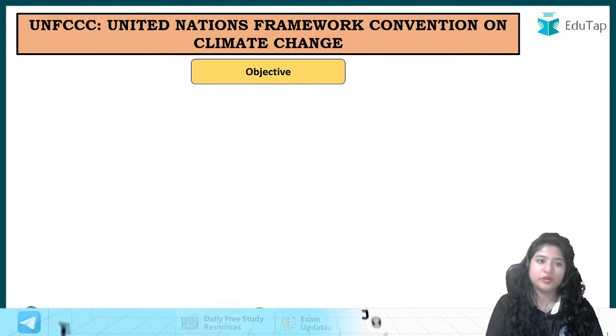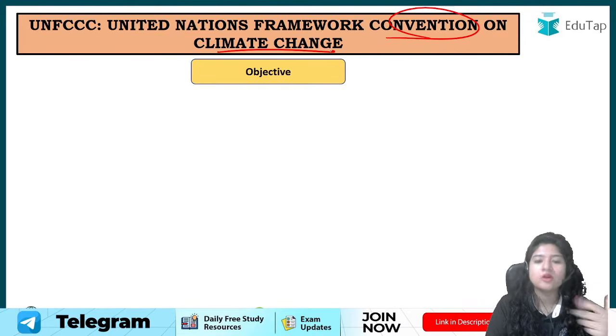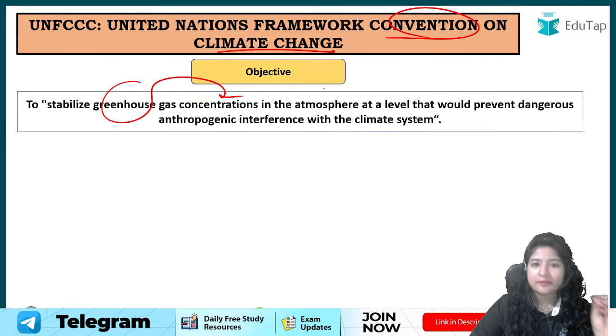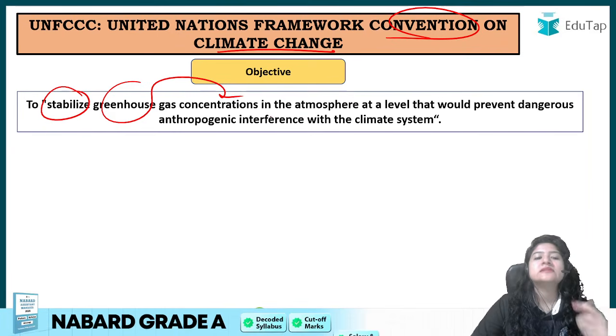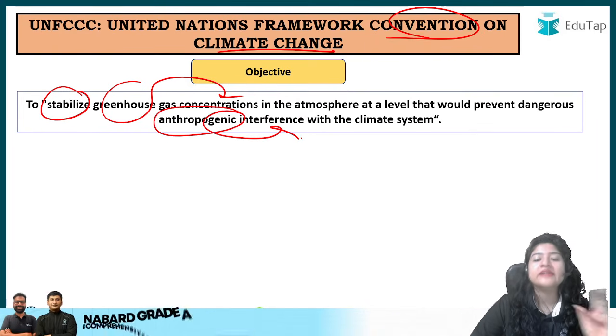Second is about your United Nations Framework Convention on Climate Change. Okay, so what was the objective? Definitely that was to focus on the greenhouse gas concentration that is happening. The aim of this convention was to stabilize the greenhouse gas concentration that is increasing in the atmosphere, and due to which reason? Due to anthropogenic interference.